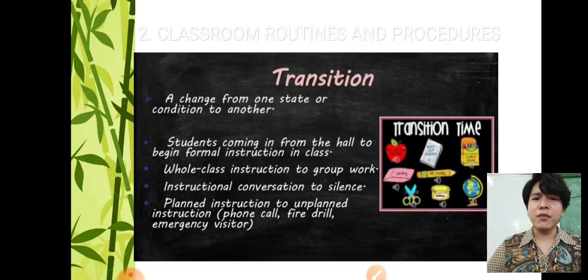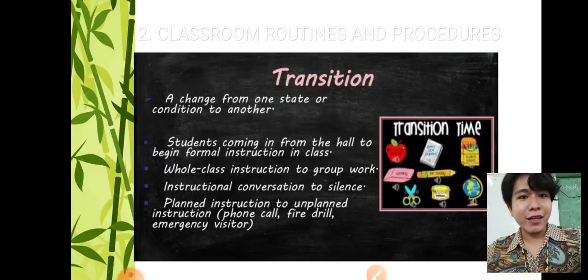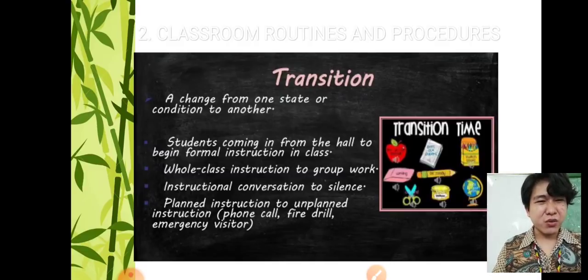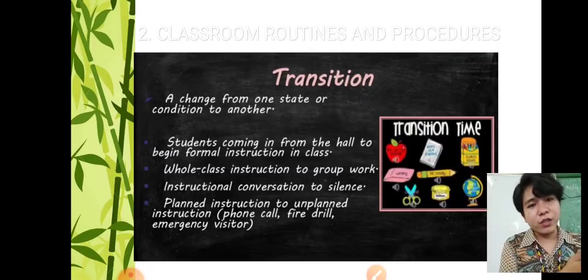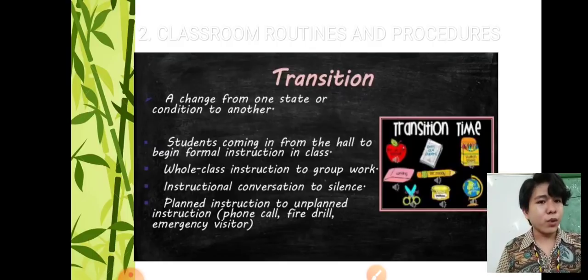That is why you have observed teachers, di ba? They say, okay, and now, next. They don't just go next directly, because it seems like a dull moment, like a pause. So as a teacher, you need to be vocal. You need to have smoothness in the flow of your lesson.